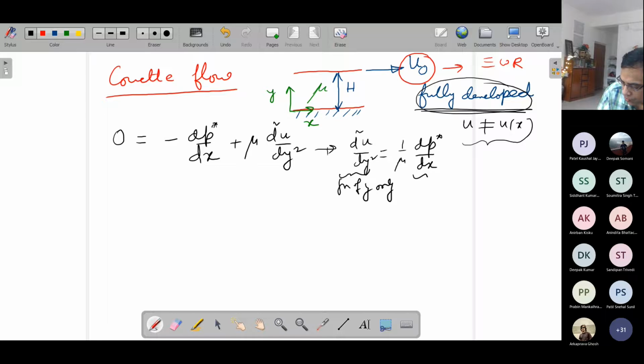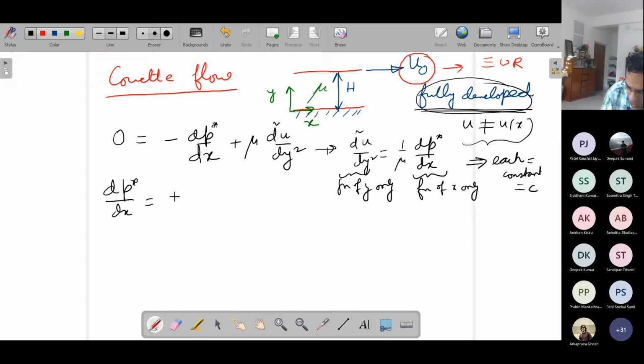This is very similar to what we did for the pressure driven flow in a parallel plate. And this is a function of x only. That implies that each is equal to a constant, which is equal to c. So we can write dp star/dx equal to c.